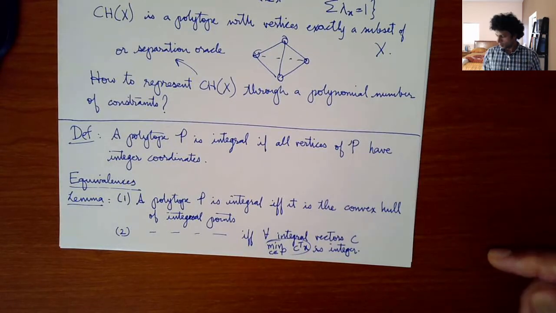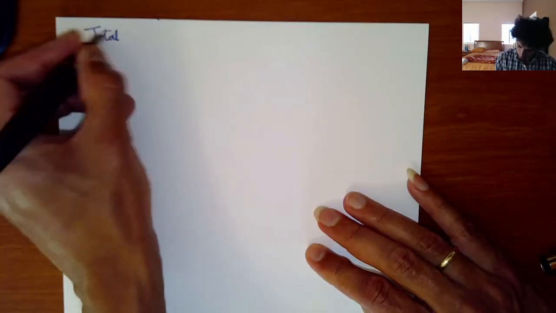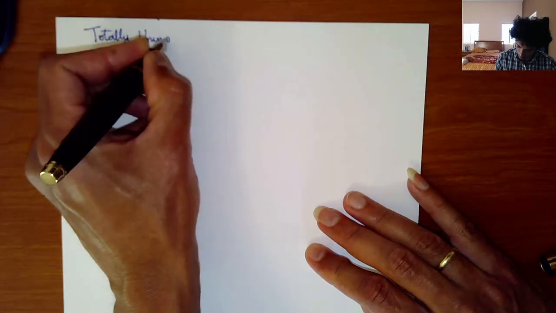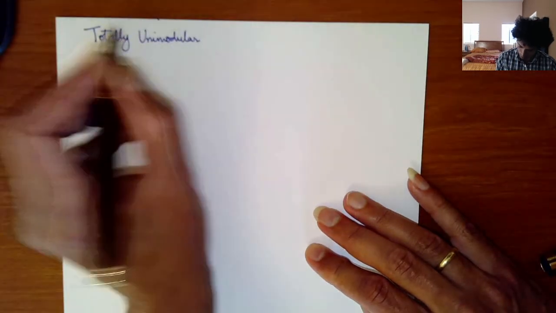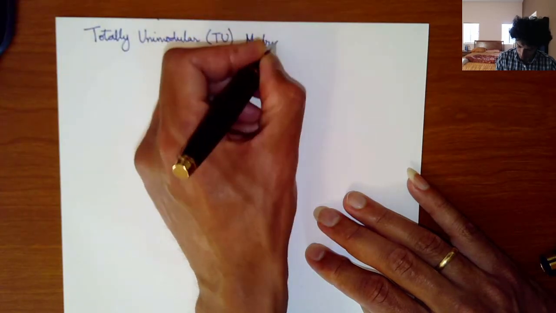All right, so now let us talk about our main characterization. This is called totally unimodular, also called TU matrices.